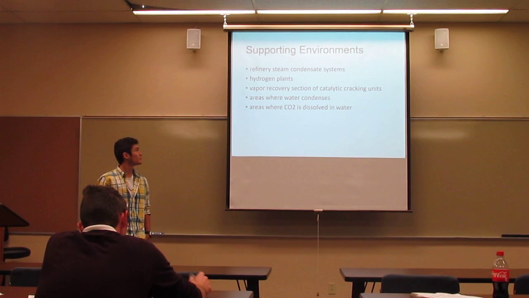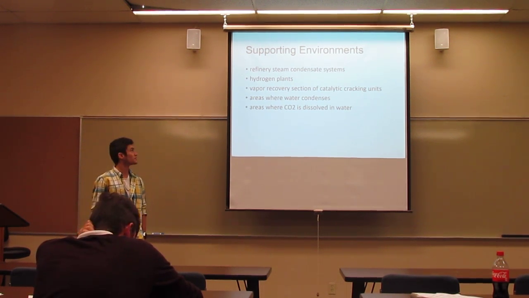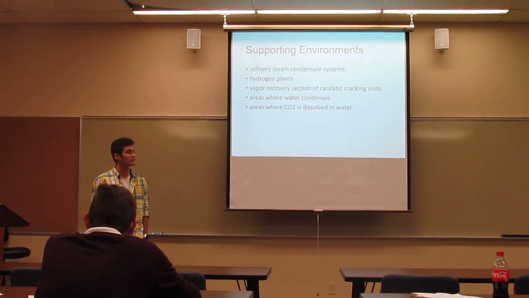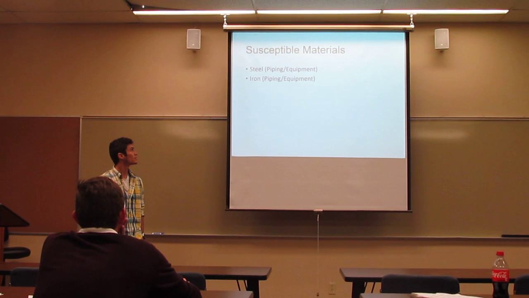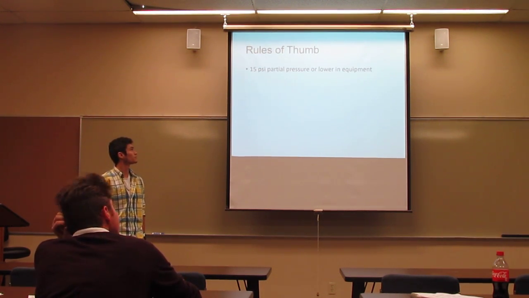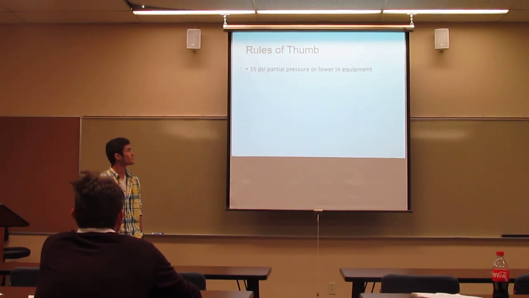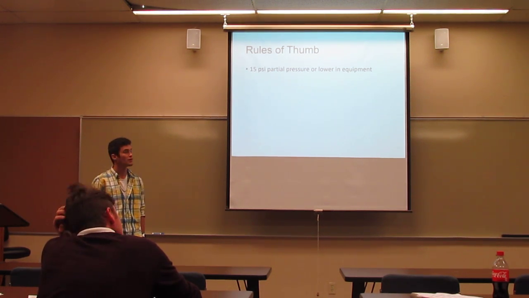Supporting environments: refinery steam condensate systems, hydrogen plants, vapor recovery section of catalytic cracking units, areas where water condenses, areas where CO2 is dissolved in water. Susceptible materials are going to be steel, such as in piping and equipment, and iron, such as in piping and equipment. Rules of thumb: 15 psi partial pressure or lower in equipment helps to inhibit this type of corrosion.